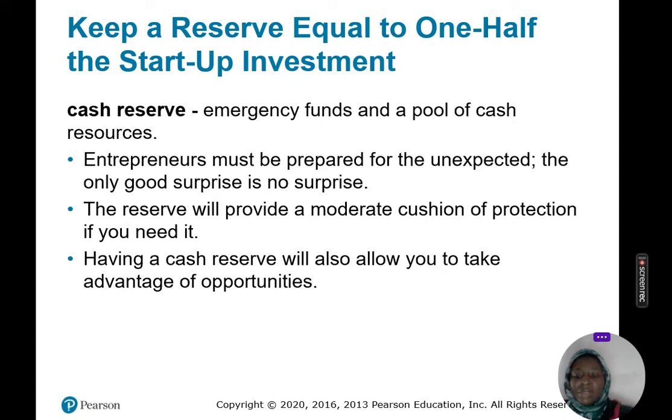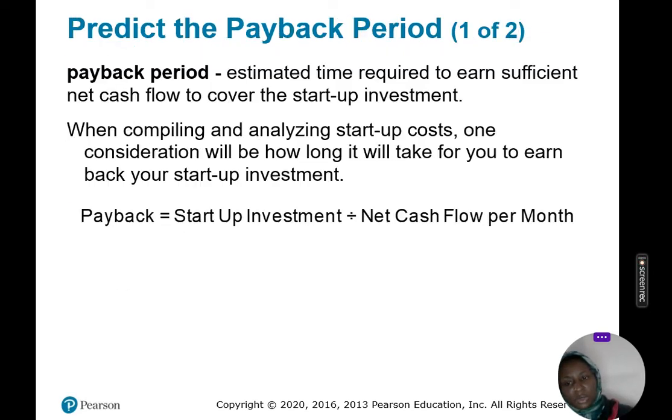As a business person, you will also be able to quickly grab opportunities because you have this cash reserve. Sometimes entrepreneurs have to let go of opportunities because they do not have access to funds to maximize them. But with a cash reserve, you are able to meet these unexpected expenses or costs.